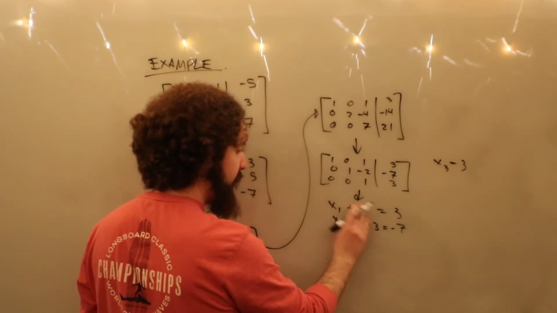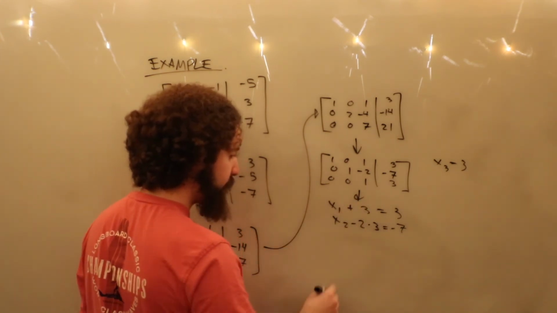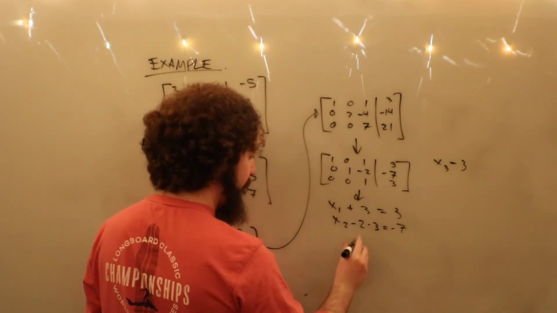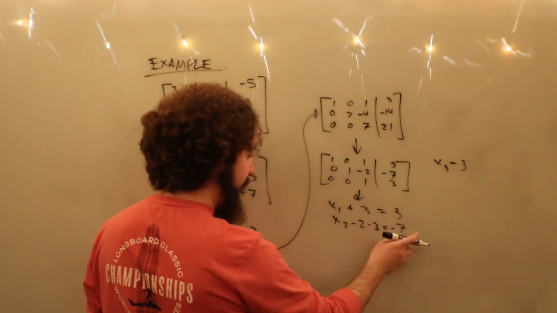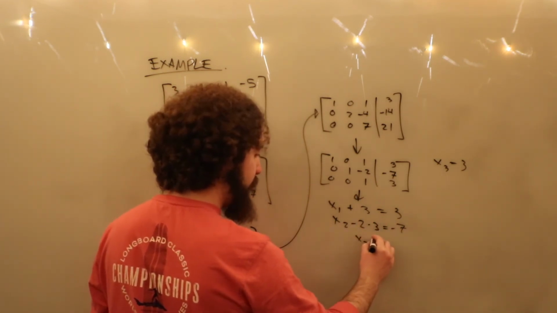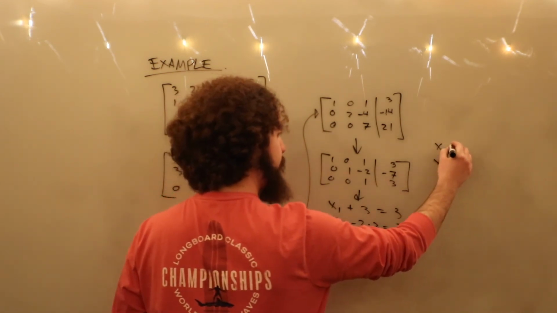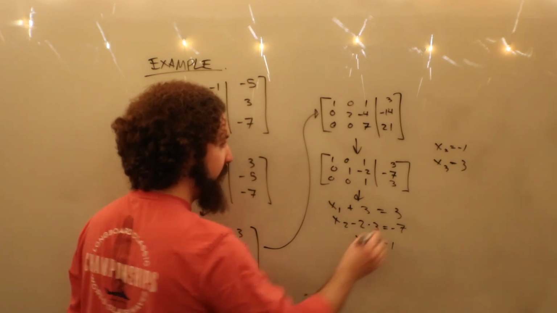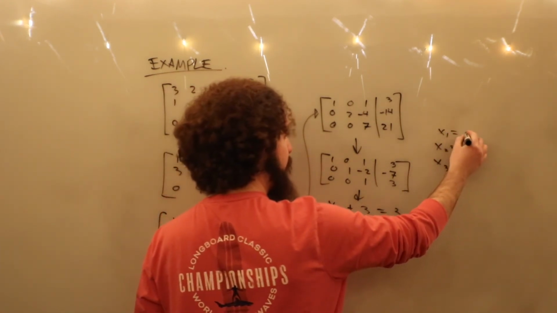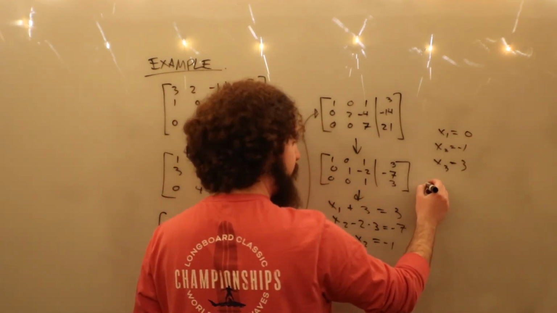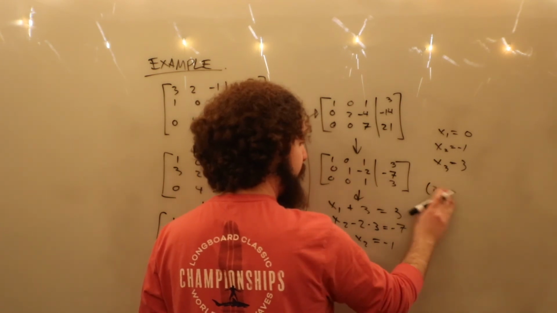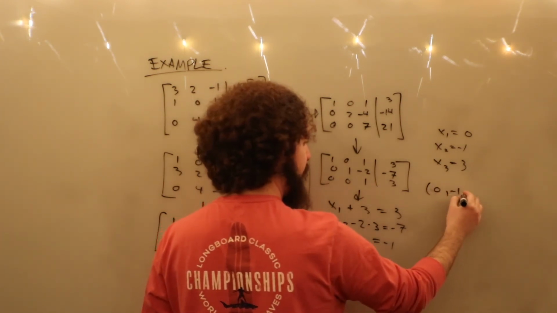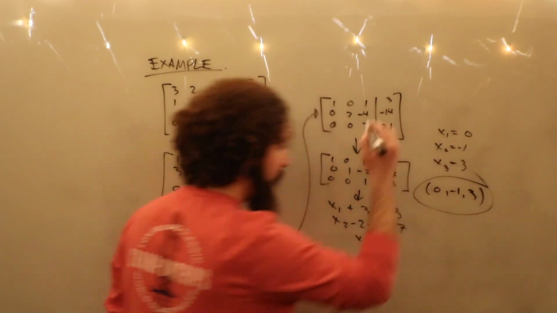So that's 3, and that's 3. And we see that this is 6, so if we add that to the other side, x2 is going to be equal to -1. And if you subtract 3 from both sides there, we see that x1 is going to be equal to 0. So our solution to our system of linear equations is going to be 0, -1, 3.